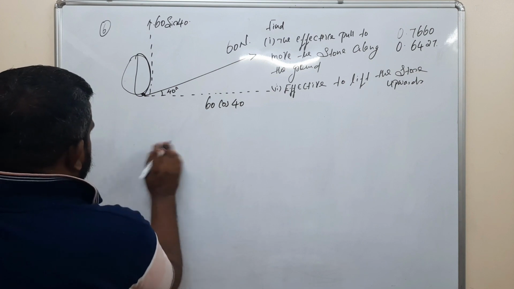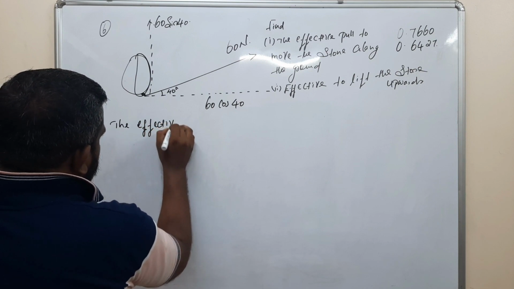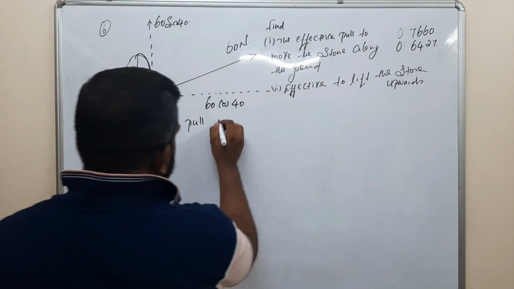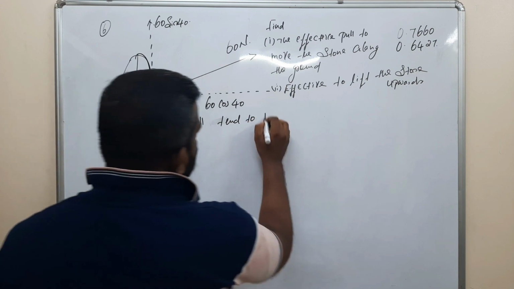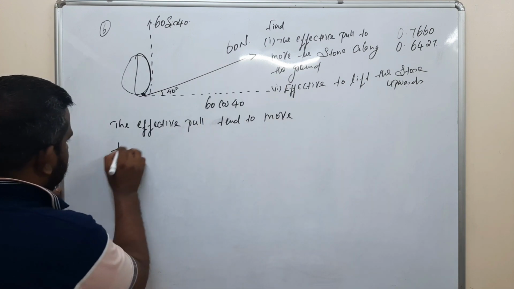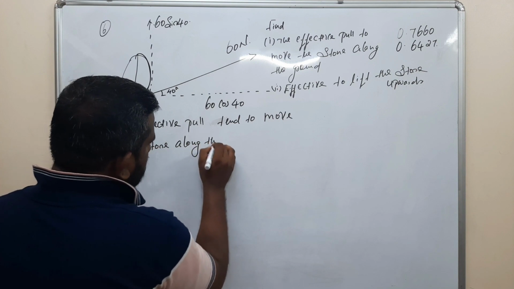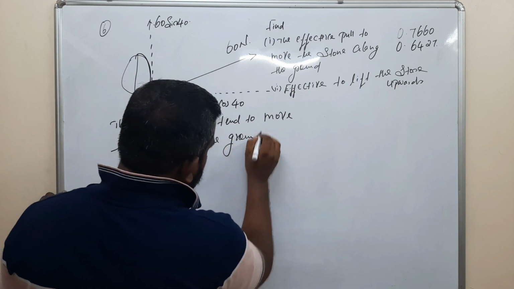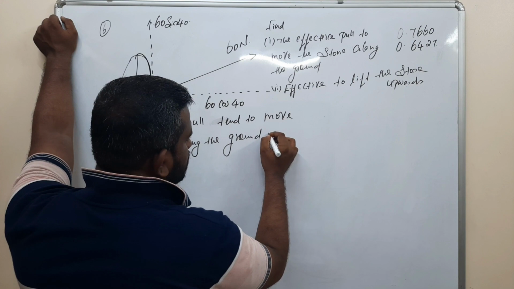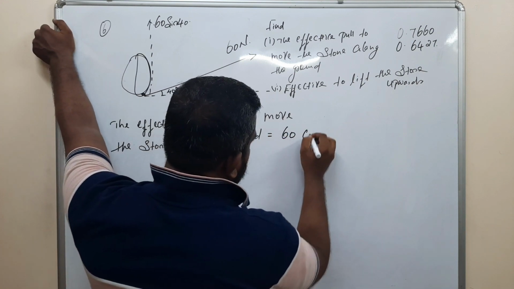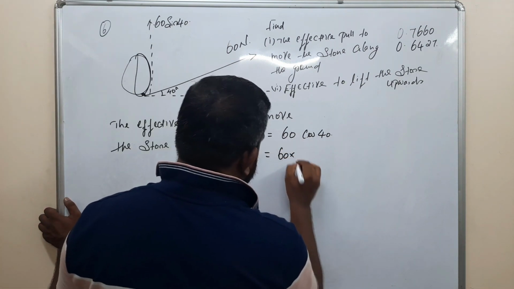So here the effective pull tending to move the stone along the ground is equal to 60 cos 40. So that's equal to 60 into, what is the value of cos 40?